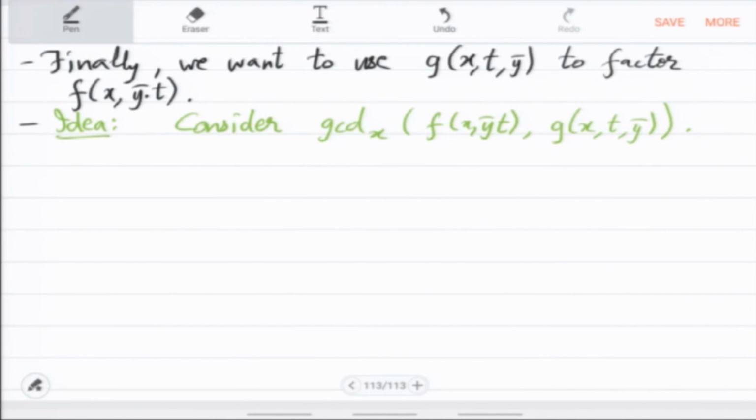Okay, so why is that? To analyze that situation, we consider the resultant. So the resultant eliminates x, so you only have t and y bar. So this is the resultant of f with g.